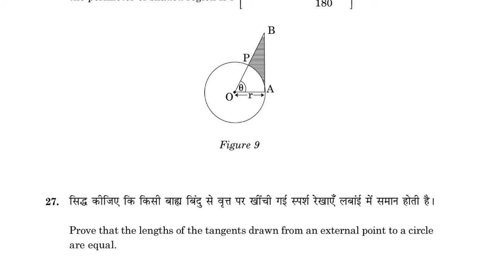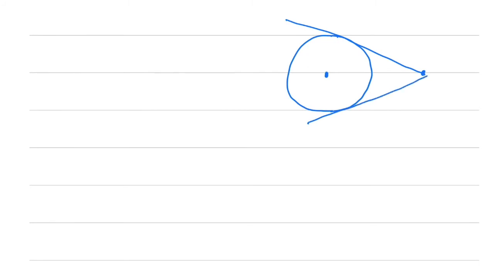Question number 27. In this question, we have to prove the lengths of the tangents drawn from an external point to a circle are equal. So let's say this is the circle with center O, and this is the external point, and these are the two tangents drawn.